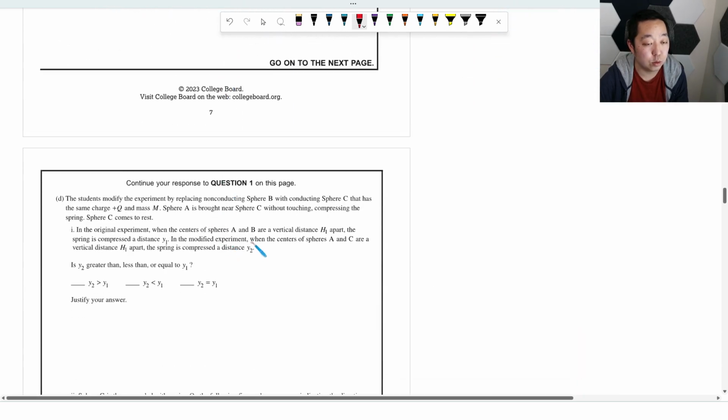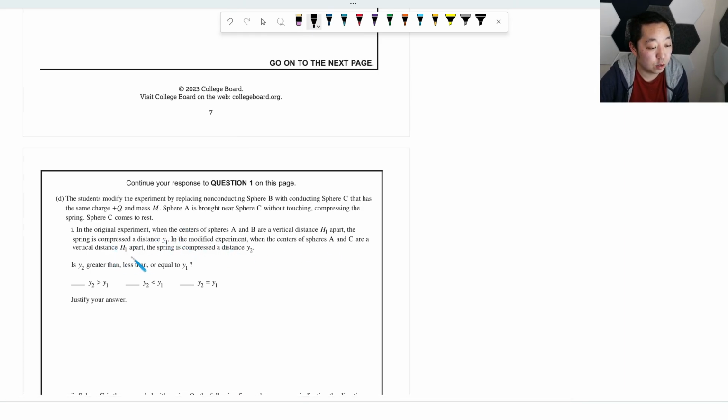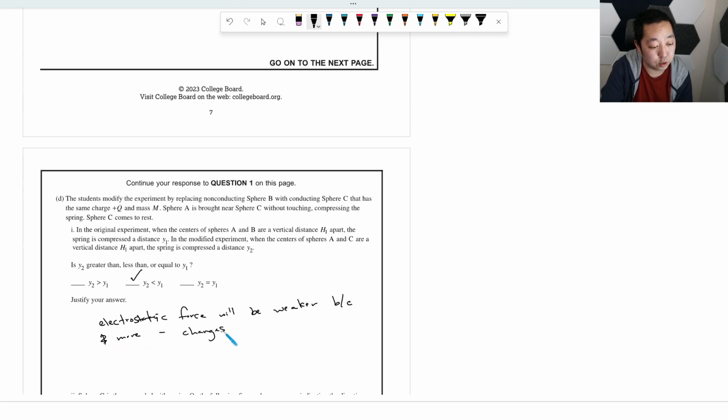So Y2 is going to be less than Y1, because the electrostatic force will be weaker, because more negative charges will be closer to the opposite positive charge sphere than before.